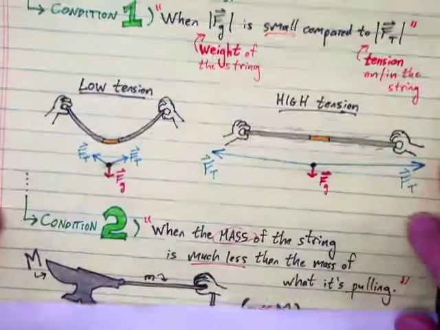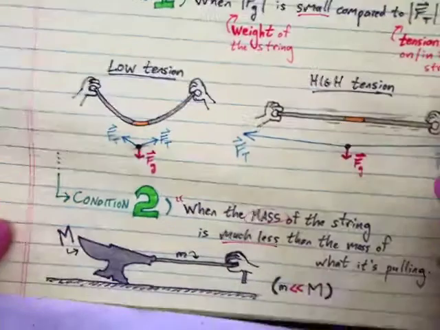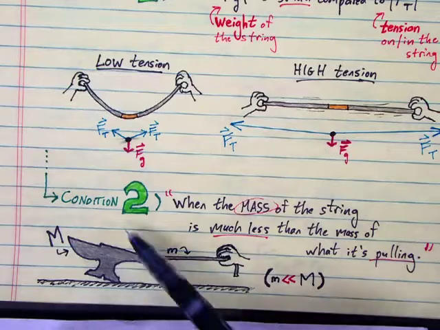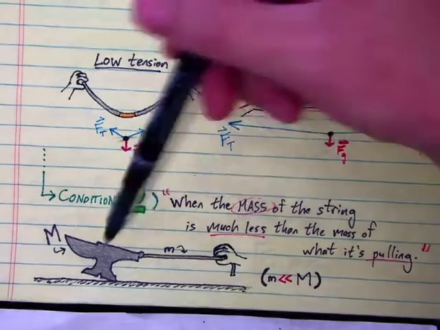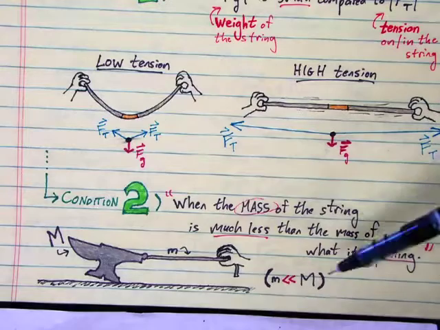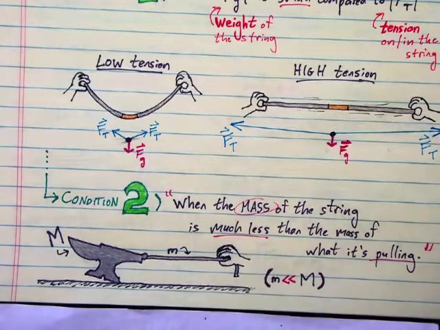The second condition under which we can treat a string as massless is if the string is pulling on something that is much more massive than the string itself. So if the mass of the string is much less than the mass of what it's pulling, then we're also justified in using the massless string approximation here.